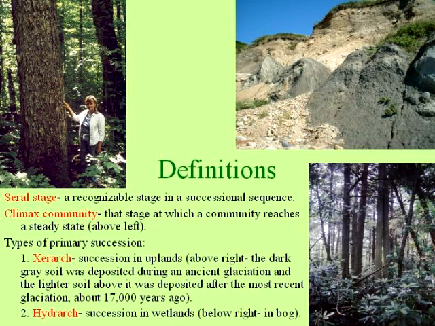The photograph on the upper left illustrates a climax community that can be found in forested regions across northeastern North America. These are old-growth yellow birches that occur in the Adirondack Mountains of northern New York.